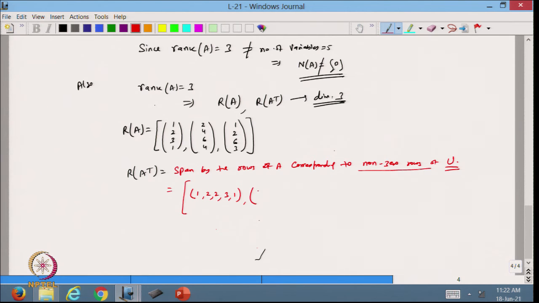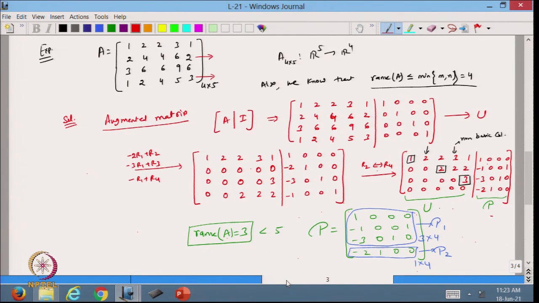and the second one, I am leaving this one. So, it will be 3, 6, 6, 9, 6, and 1, 2, 4, 5, 3. So, these are the corresponding vectors, the rows I have taken, because this is the 0 row, but it was coming at the second place.